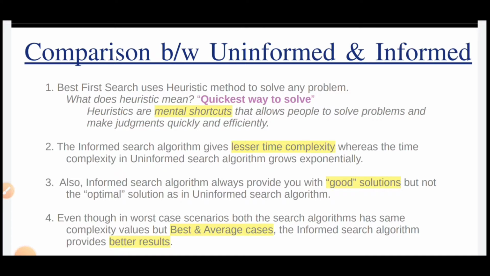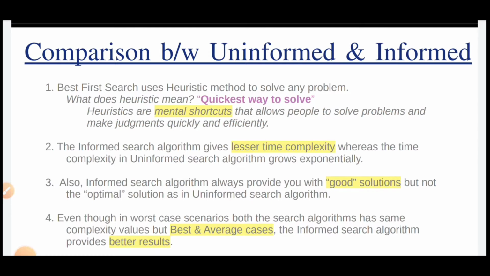The best first search algorithm uses a heuristic technique. Heuristic means something like mental shortcuts that allow people to solve problems. In other words, it's simply the quickest way to solve any problem, hence known as a heuristic technique. The informed search algorithm gives lesser time complexity, whereas the time complexity in uninformed search grows exponentially.